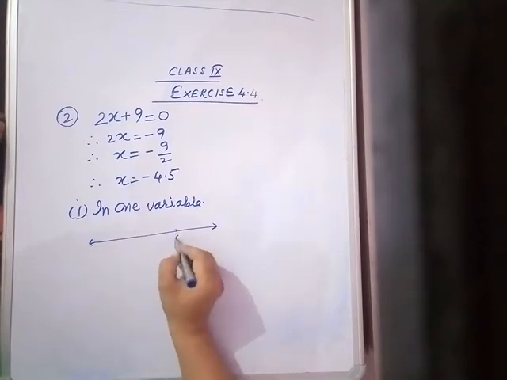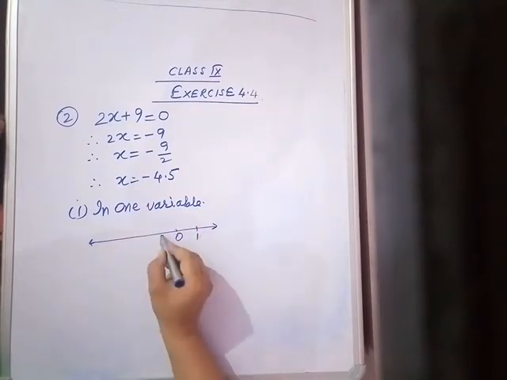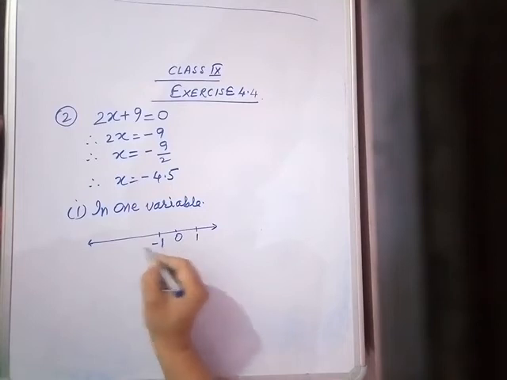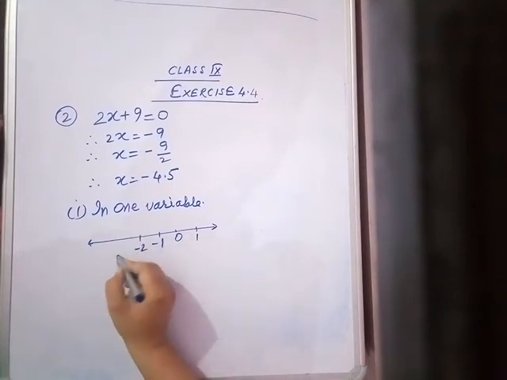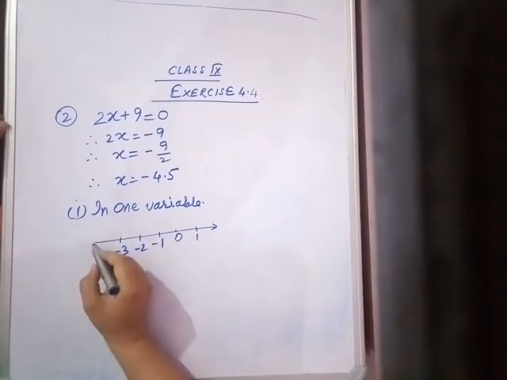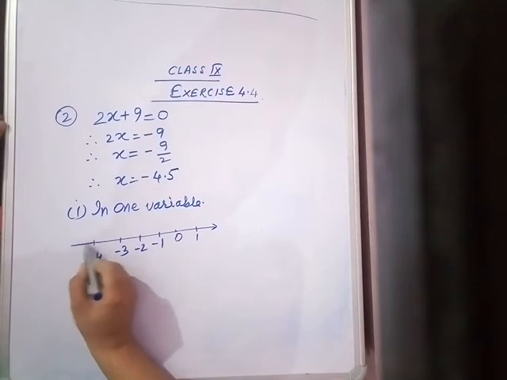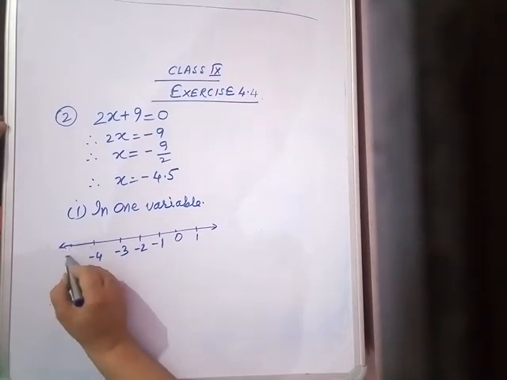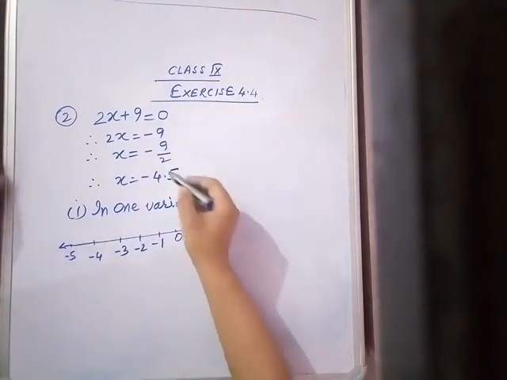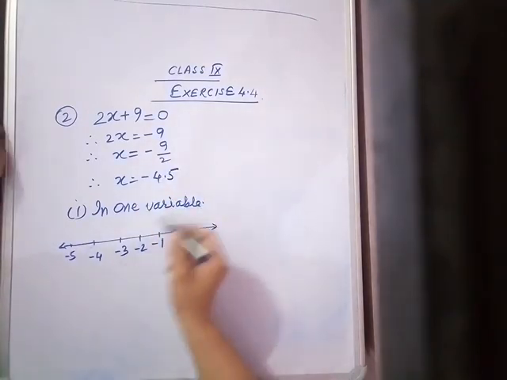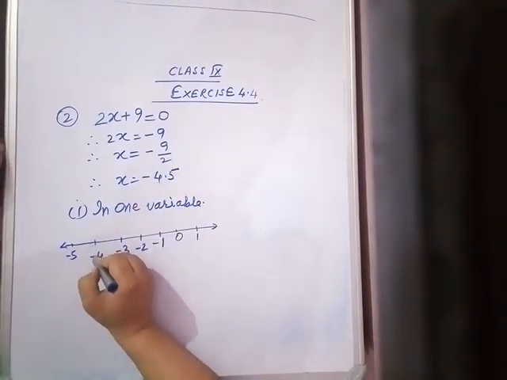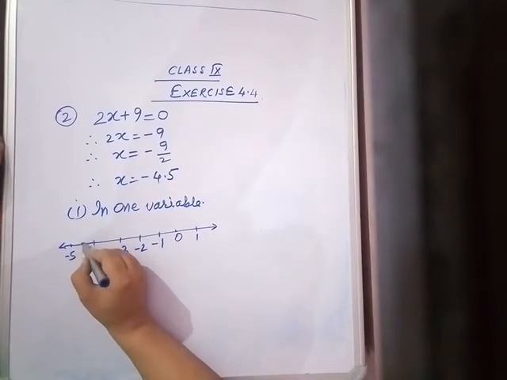So let it be 0, 1, here minus 1, minus 2, minus 3, minus 4 and minus 5, and minus 4.5 must lie between minus 4 and minus 5.